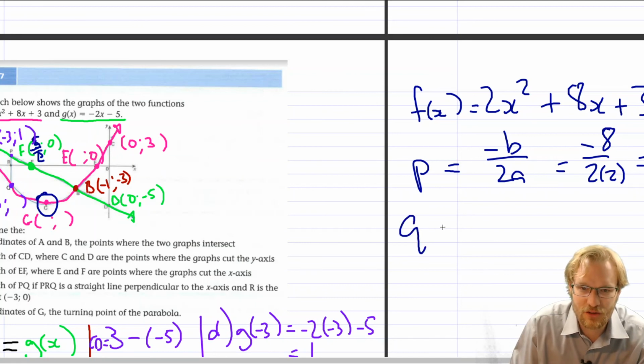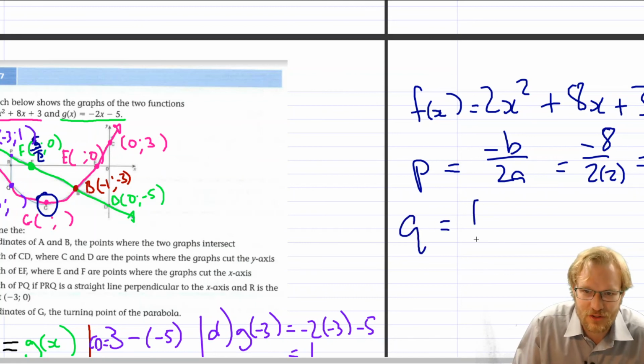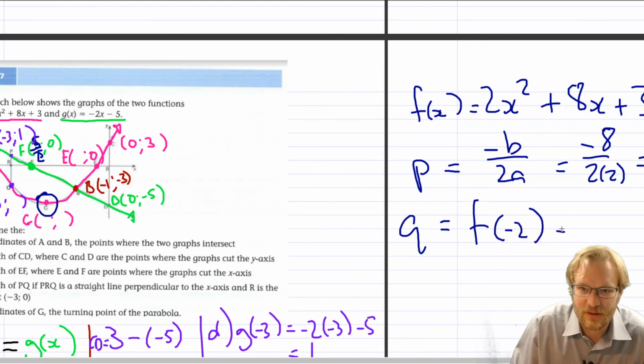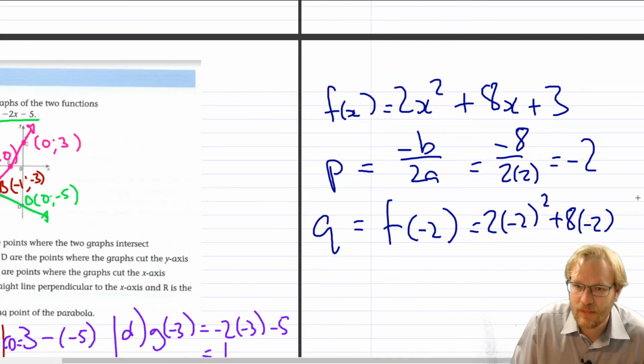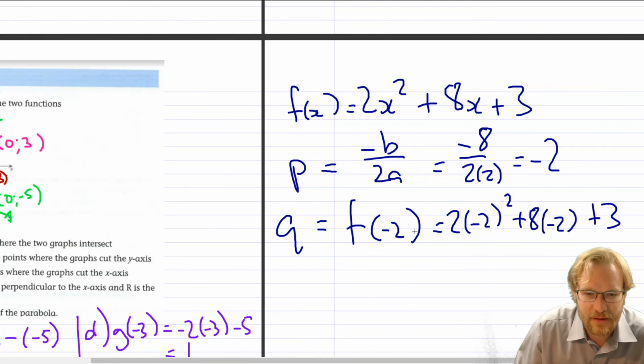And to find q, all we need to do is substitute that value into our original equation. So we've got 2 times minus 2 squared plus 8 times minus 2 plus 3, okay, equals 8 minus 16 plus 3, which is minus 5.